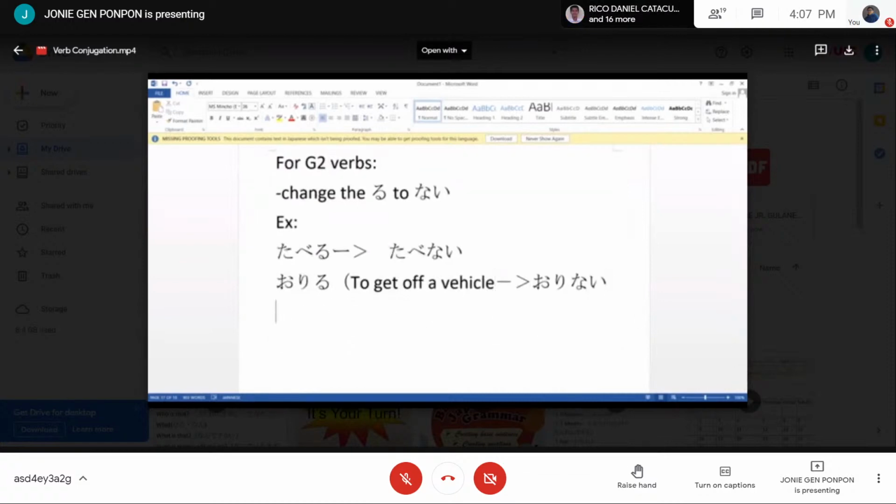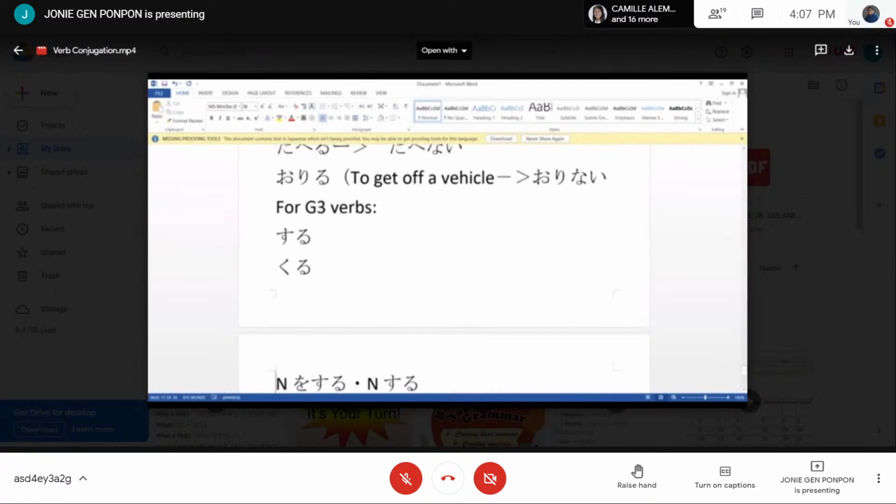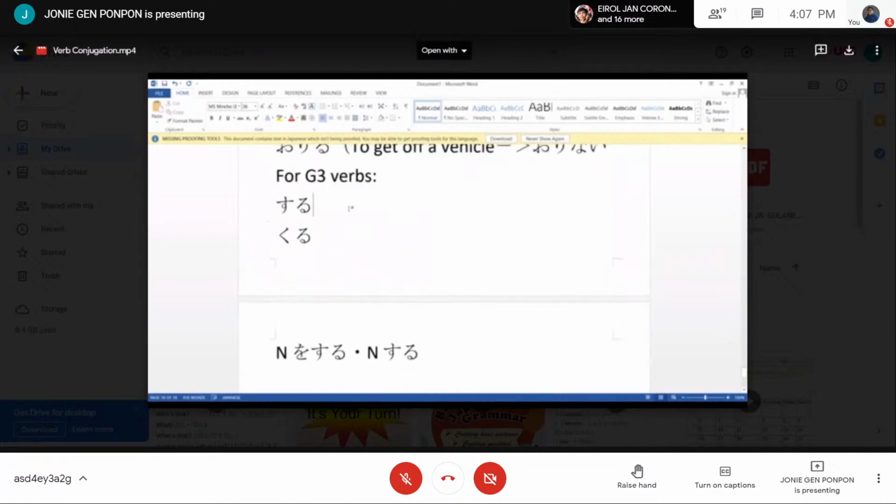Okay, next for group 3 verbs. For group 3 verbs, under suru and kuru. For suru, it will become shinai.